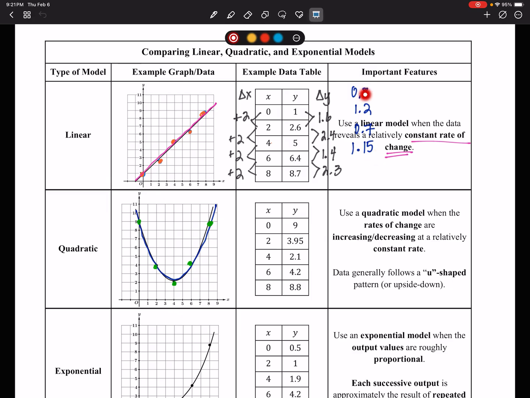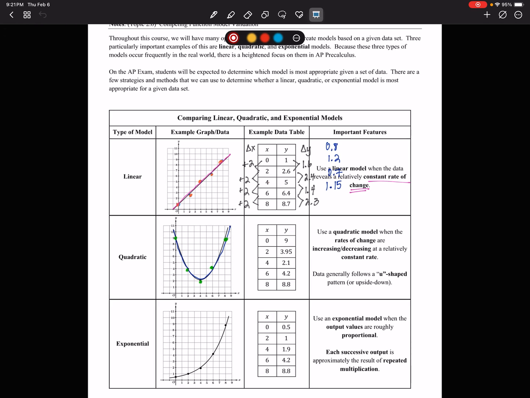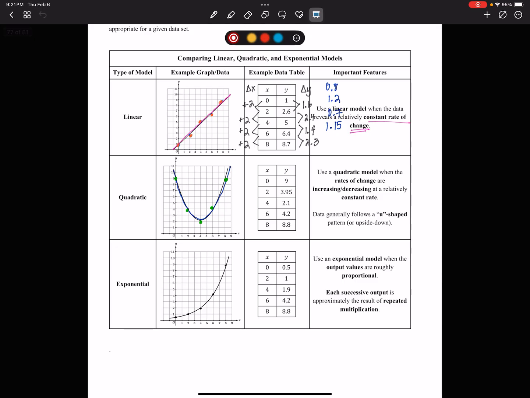You're going between 0.8 to 1.2, back to 0.7 to 1.15-ish. So very close. You can find an average here and say it's somewhat constant. And that's what a model is all about: you're just trying to find a best fit. Which one, linear, quadratic, or exponential, best fits the model.